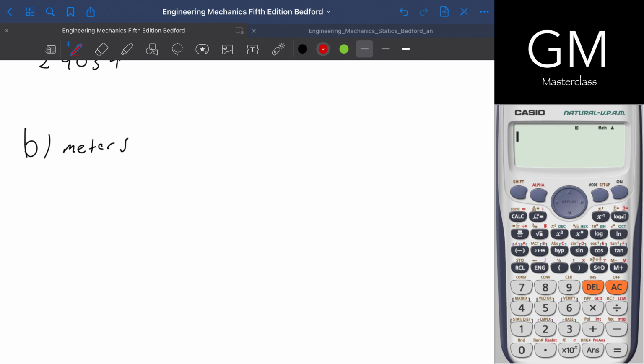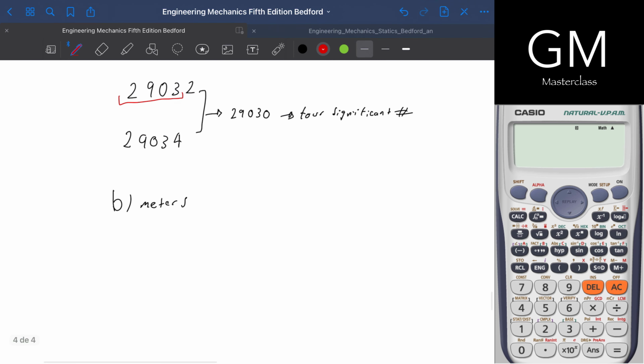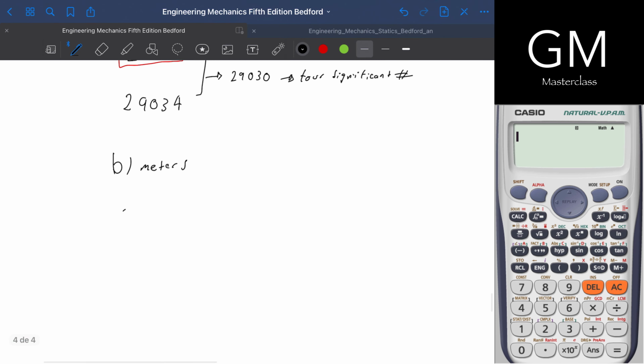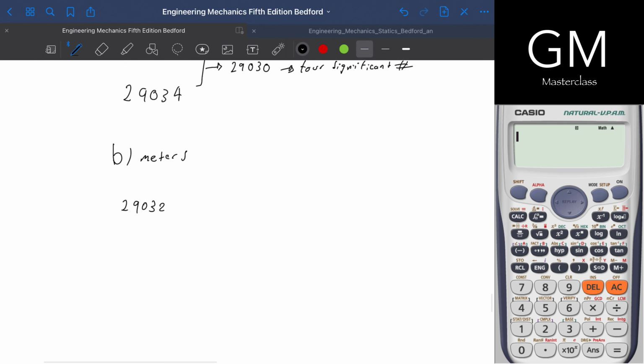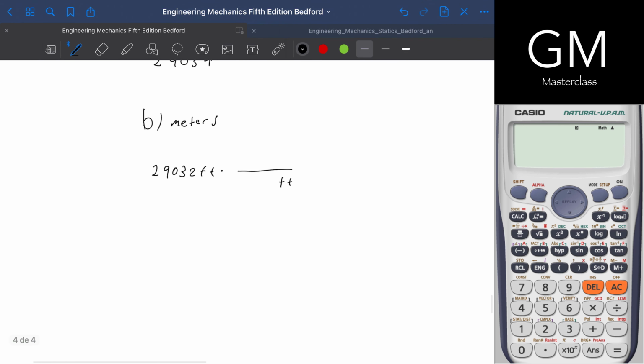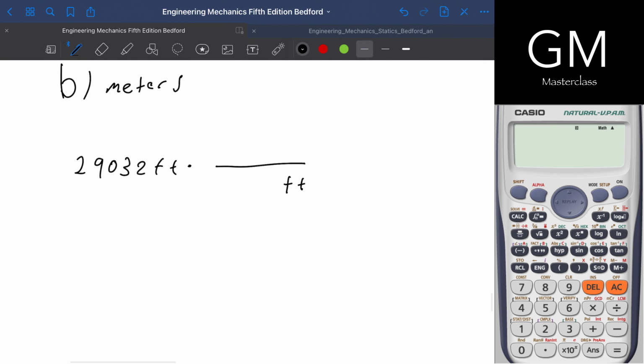So we are going to multiply the feet by a division in order for me to eliminate this kind of units and transform those into meters. So I just have to find an equivalence between feet and meters.